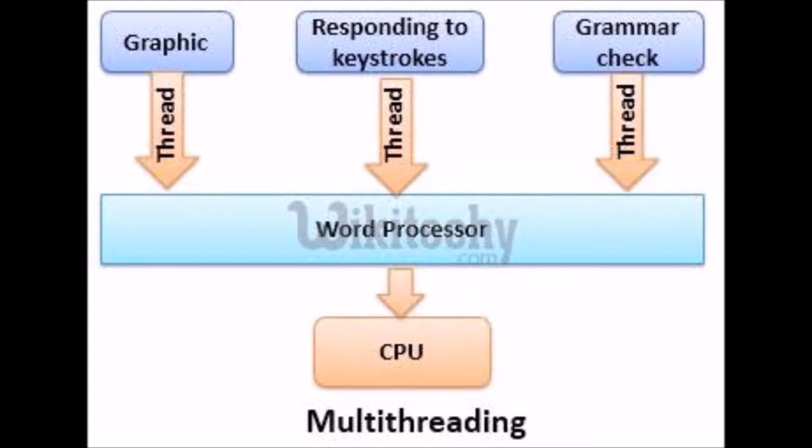These actions are performed by the CPU, and you are just typing. These small processes are called threads, which are linked together to perform one simple task, which is called multi-threading.